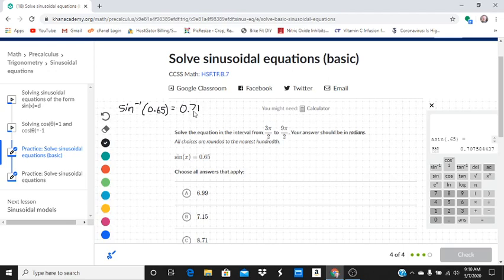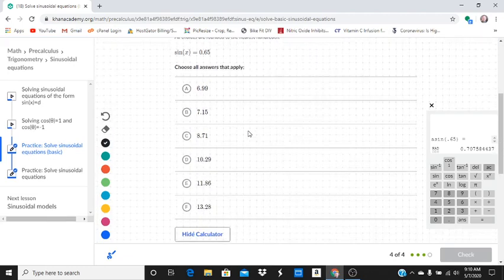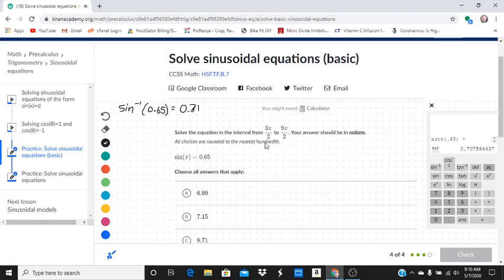Okay, now if we look, we're not going to see 0.71. And why is that? Well, we're in this interval from 3 pi halves to 9 pi halves. So if we think about our quadrants, we've got the x-axis here, a y-axis here.